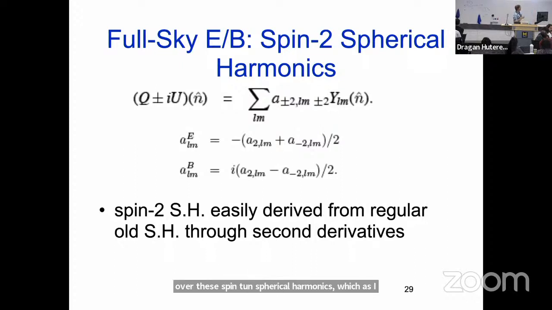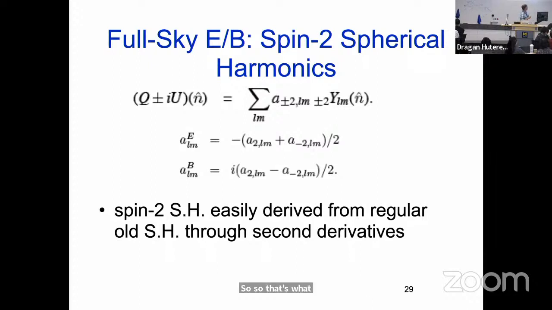And then when you express them in terms of these spin 2 spherical harmonics, your E modes are where you take your LMs and you take the symmetric combination, where you do 2 and minus 2 and add them together, and the B modes are the anti-symmetric ones. So that's what the E and B modes are, strictly speaking.